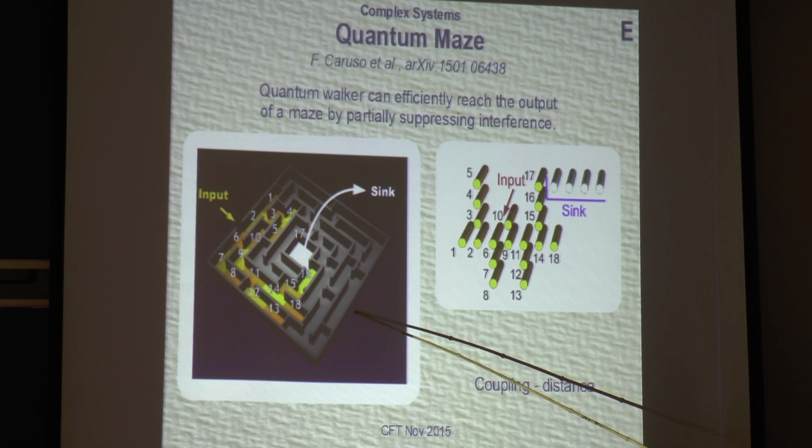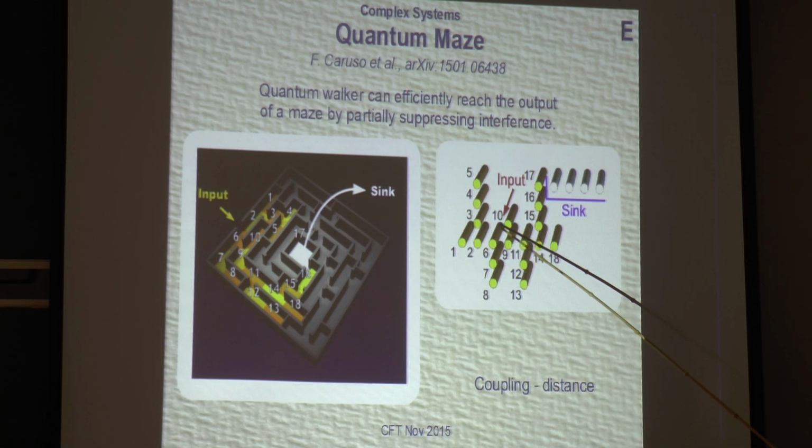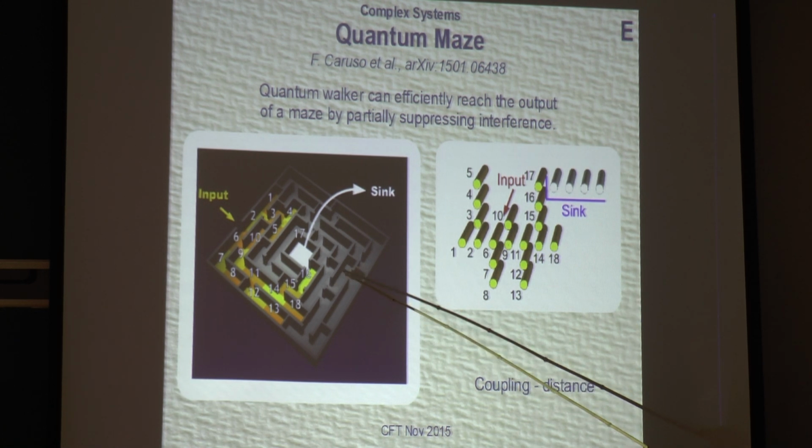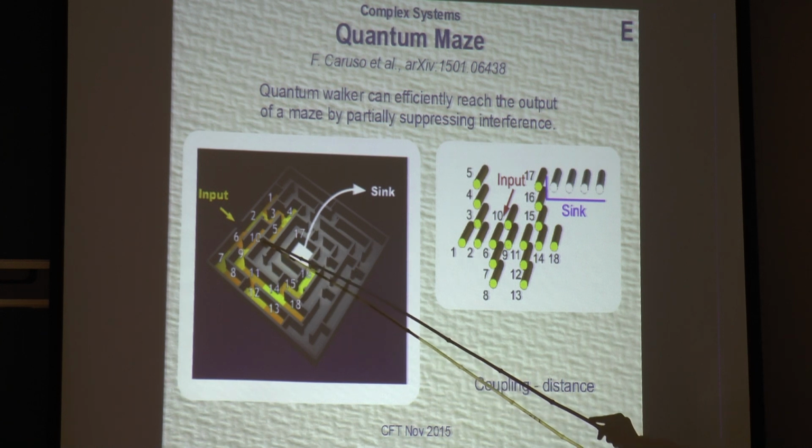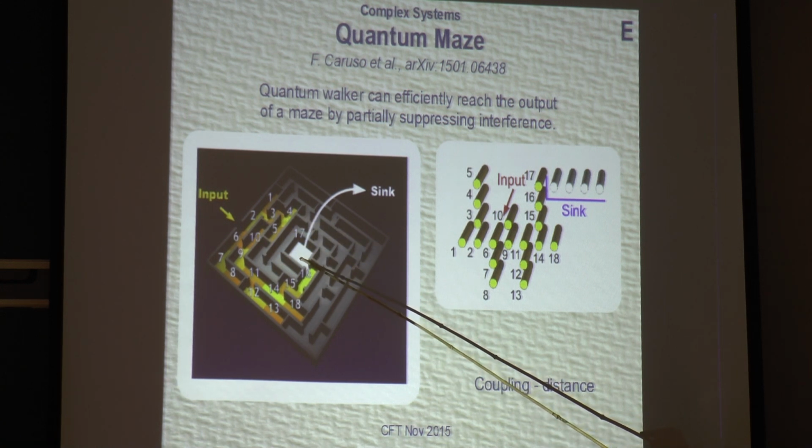This setup has been mapped onto an array of waveguides in the following way. The walls have been simulated by coupling between the waveguides and thus the distance between them. In order to keep the walker in the output, not to let it go out again, a sink in the form of a chain of waveguides has been designed.